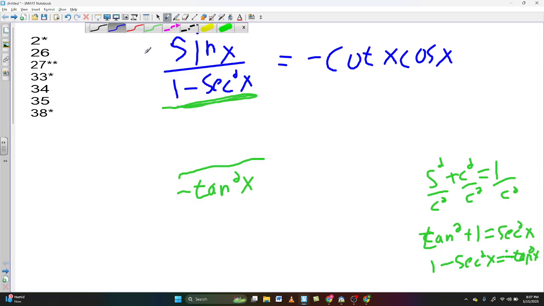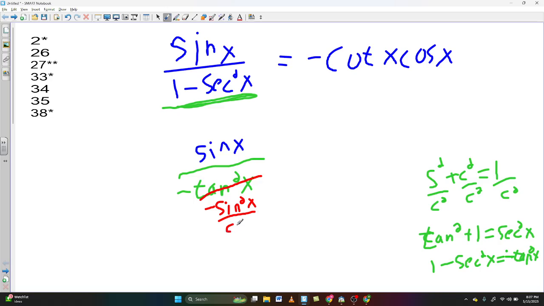This is still sine of x. What could we do? Well, there's a few things we could do here. We could change the sines and cosines. We could work on the other side. I guess what might work is changing the sines and cosines. So it'd be negative sine squared x over cosine squared of x.